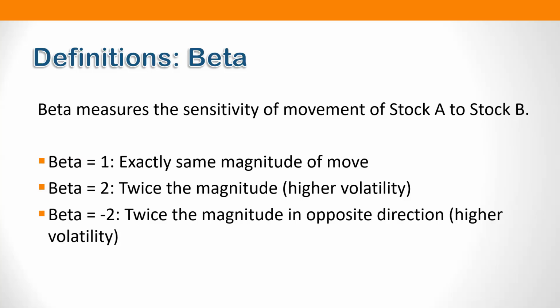An example of something with a beta value of 1: if you take SPY, the ETF, and compare it to itself, SPY to SPY, it has exactly the same magnitude, beta of 1. If you compared it to one of the 2x ETFs of SPY, it would have a beta of 2. And if you were looking at an inverse SPY ETF, it would have a -1. And a 2x inverse ETF would have a -2.